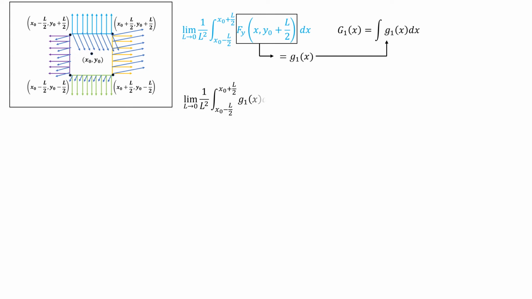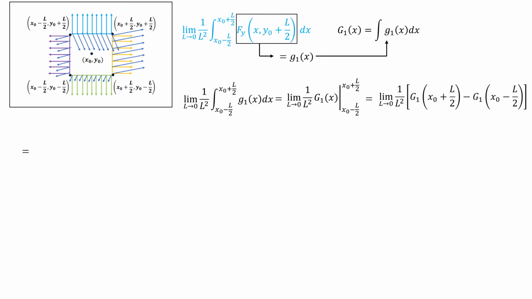So now if we want to solve this integral, we obtain the limit as L approaches 0 of 1 over L squared times G1 of x evaluated from x naught minus L over 2 to x naught plus L over 2. So now we will multiply the terms inside of the square brackets by 1 in a special way. We're going to divide by L and multiply by L, as you can see here.